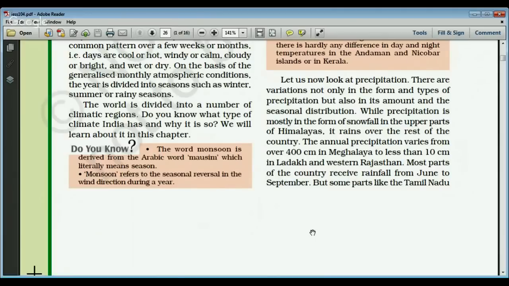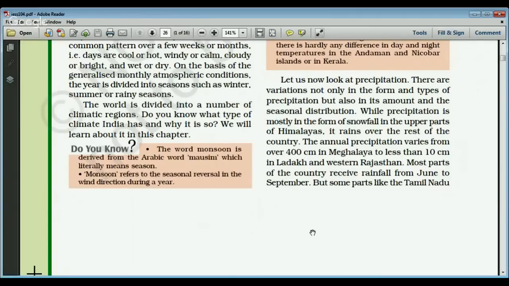That is why the winds coming in the southern hemisphere from the southeast direction, when the ITCZ moves towards north, will also try to cross the equator.